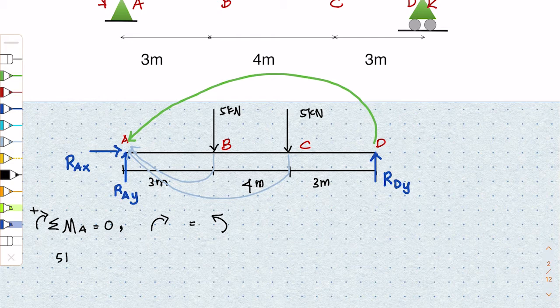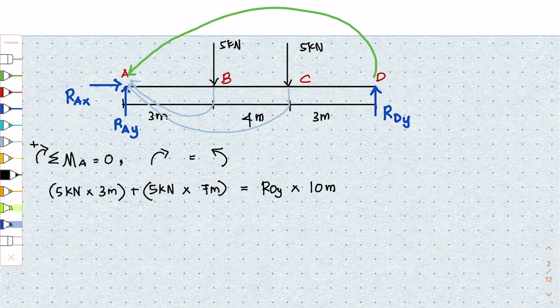5 kilonewton. Okay, ini adalah moment equation, which means you have to times the distance. So times 3 meter plus 5 kilonewton times 7 meter equal to, itu je kita ada for clockwise, and for the counterclockwise we have the RDY times with 10 meter distance.